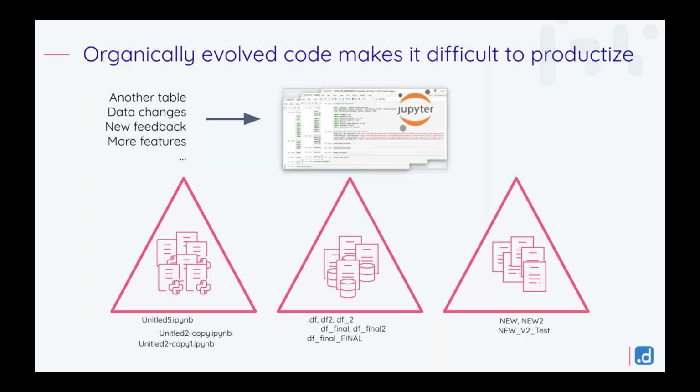Because you constantly get feedback from your business experts about how to improve your features. You are being constantly asked to incorporate new data sources into your notebook. And every time you make a change, you have to change your SQL. You have to change your notebook, like what we are seeing here. We have df, df2, df_2, df_final, df_final.